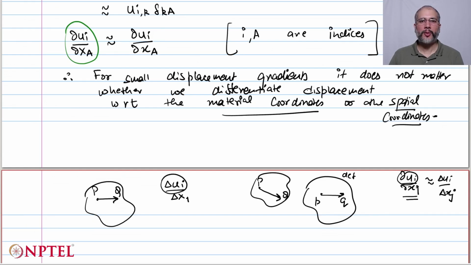And principally these are two different things, because in one case we move in the undeformed configuration and then find the ratio of the displacement to the length of the vector in the undeformed configuration. And in the other case, we move in the deformed configuration and then do a similar thing. But under the condition that the deformations are infinitesimal, that is, the displacement gradients are very, very small, under that condition, the two gradients are approximately equal.